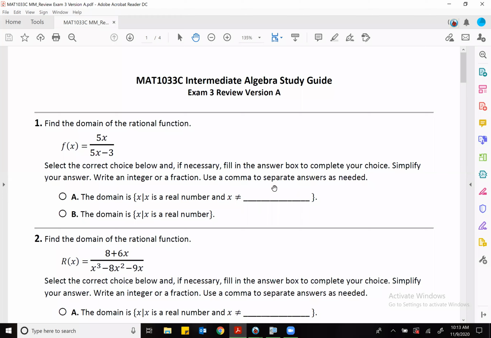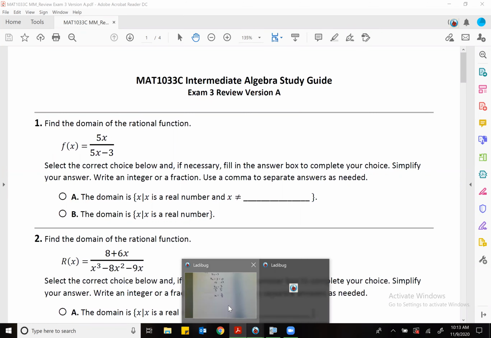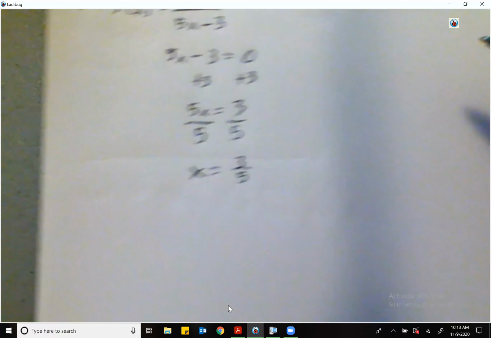Here it says that we're going to fill in the box below with our answer choice. And this is set notation. Okay, so then just put 3 over 5 in the box. That's right, because in set notation, I get what you were telling me.